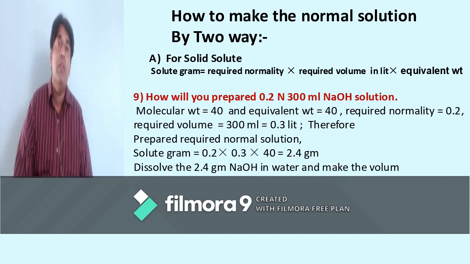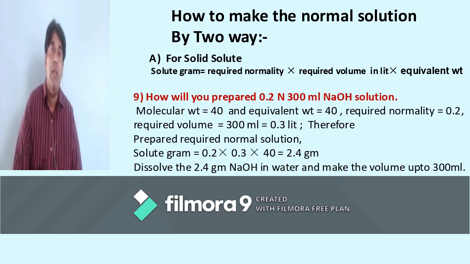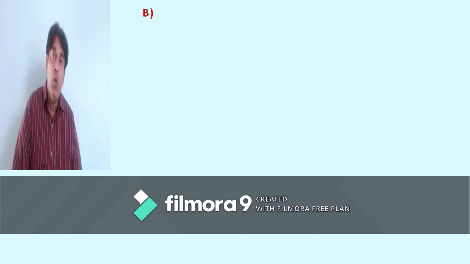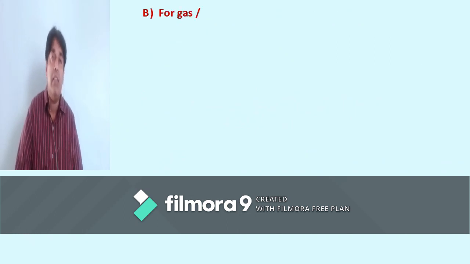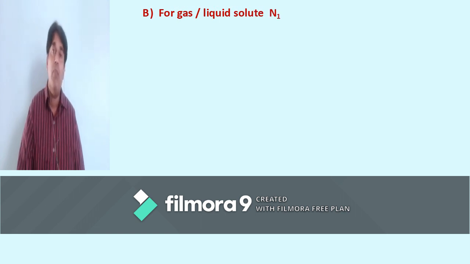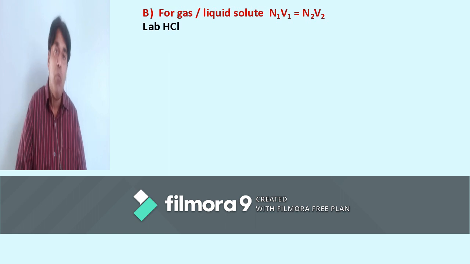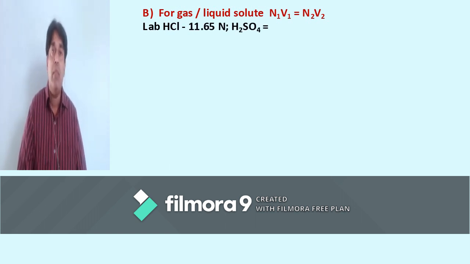The next point, the formation of the normal solution can also be done when the solute is present in either gaseous or liquid form. At that time we use the famous formula N1 V1 equals N2 V2. But how to obtain this formula?